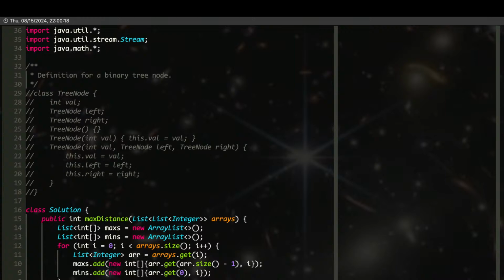Okay, and we find the first one that's not the same. Probably also need to say i is smaller than maxes.size. Well, definitely it will be, right?